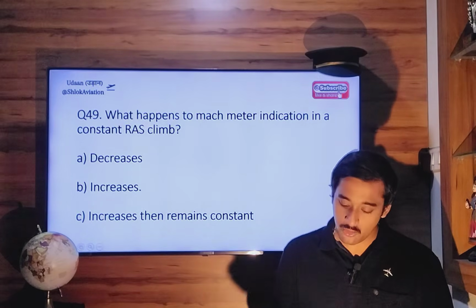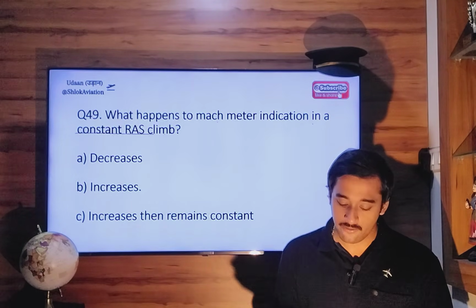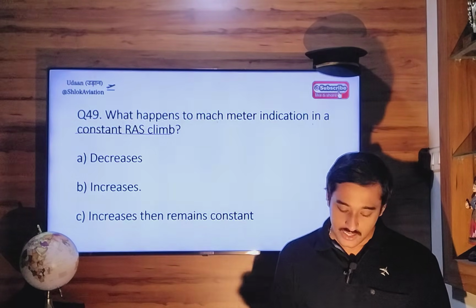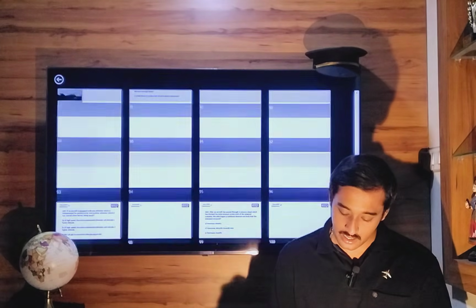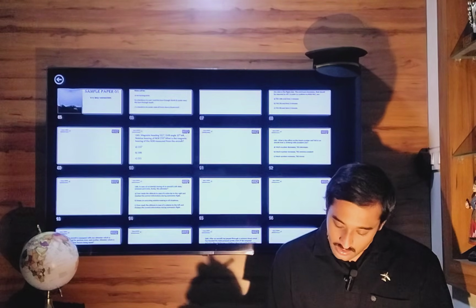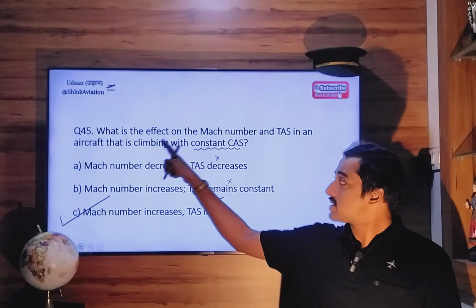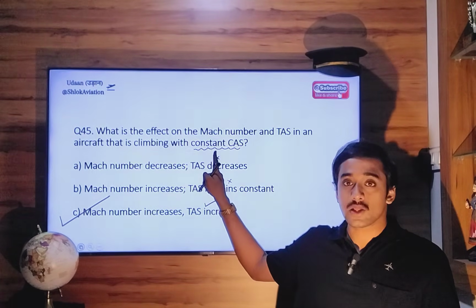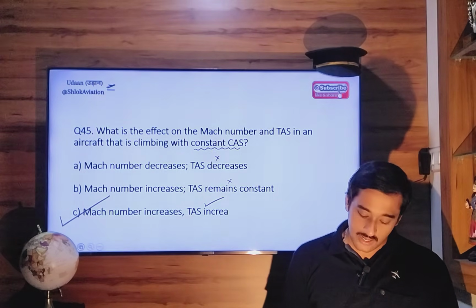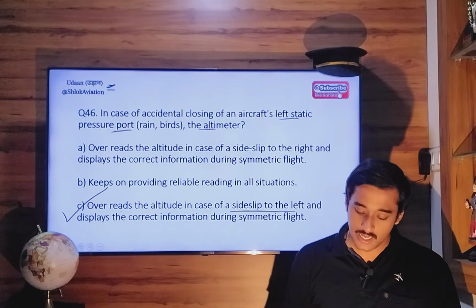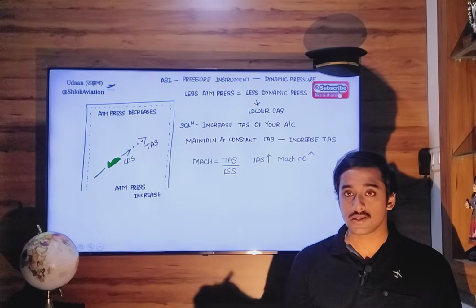49. What happens to Mach meter indication in a constant rectified airspeed climb? Like I said, we just did this question over here. What is the effect on Mach number and TAS when the aircraft is climbing with constant CAS? When you are climbing at constant calibrated airspeed, what happens?